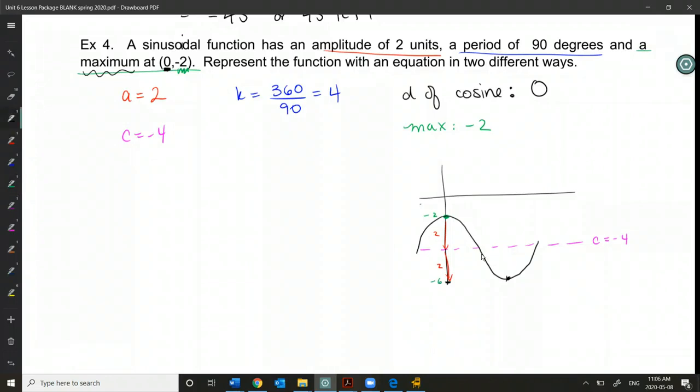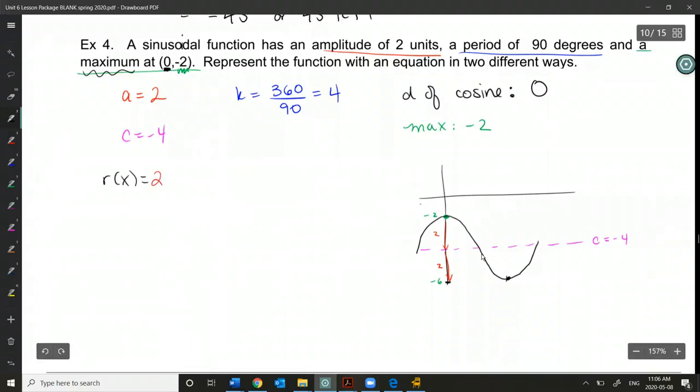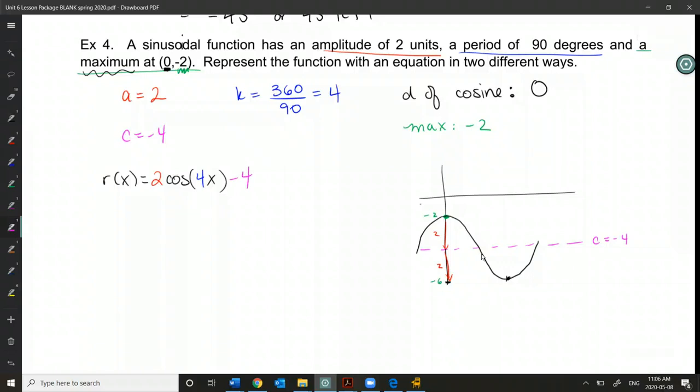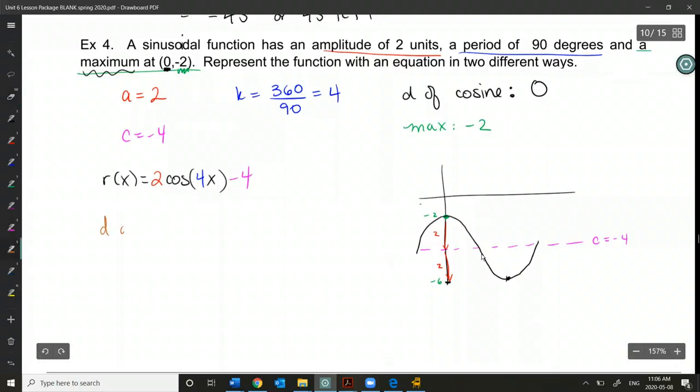Okay, so let's set up our cosine function here. We'll call this r of x. It's going to be 2 cos, and because the d value is 0, we'll just write this as 4x, and then -4 for the c value. And then we're also going to come up with the d of sine as well.